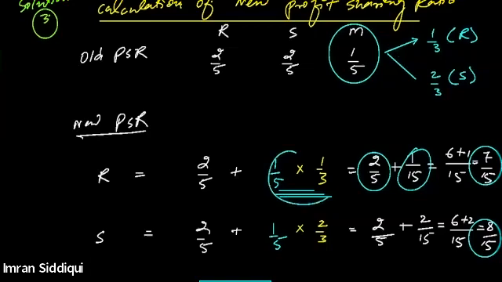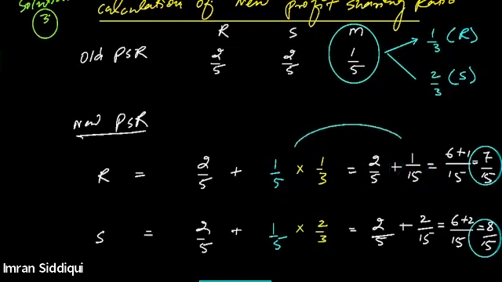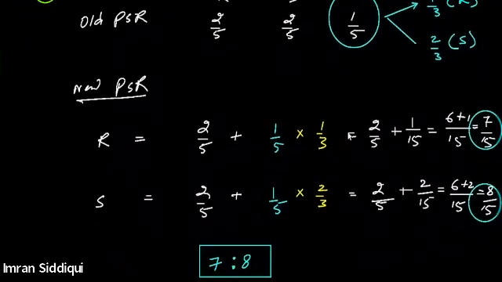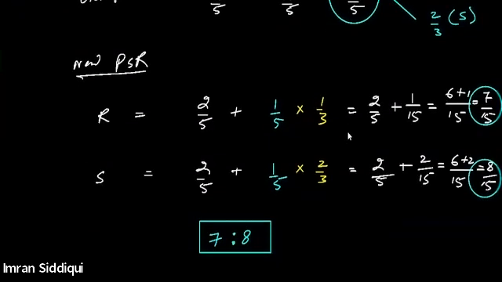Right? Then you will calculate it, you will get 1/15. So we will simply add 1/15 to the existing share of R, and similarly, we will add 2/15 to the existing share of S. And by solving it, we will get 7/15 and 8/15. So the new profit sharing ratio for R and S will be 7:8. I hope this is clear to all of you.